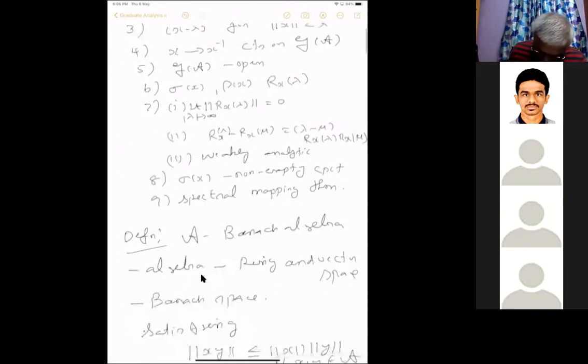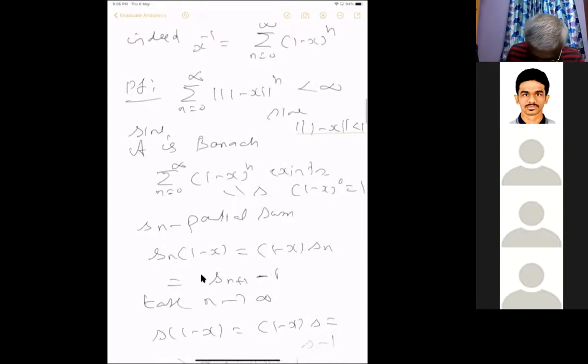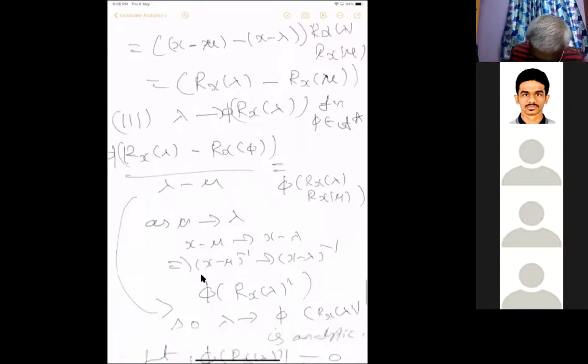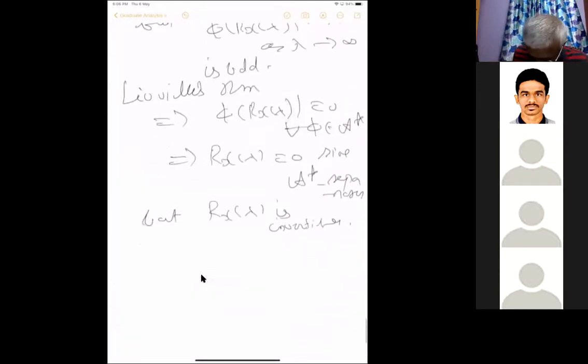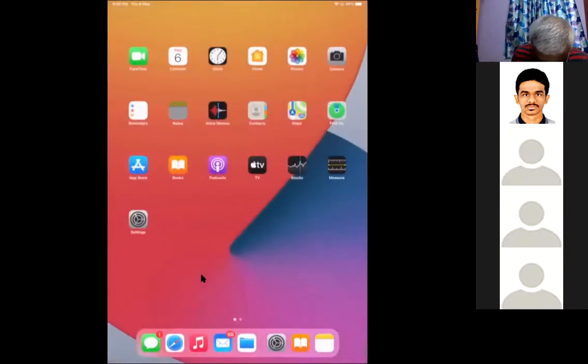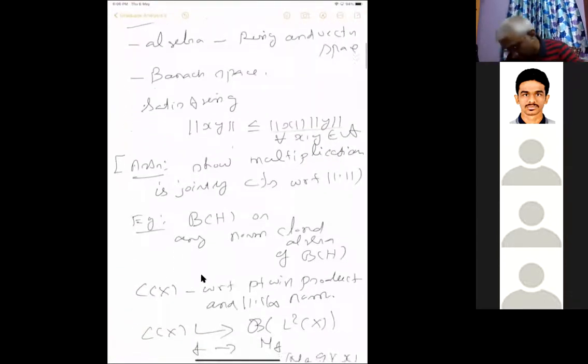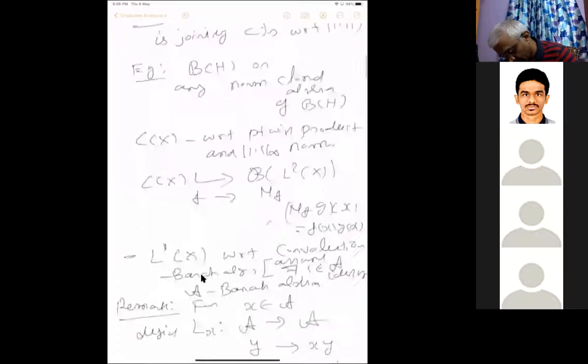What am I left with? I have to prove the spectral mapping theorem and then stop here. What is the spectral mapping theorem? This is for any Banach algebra.